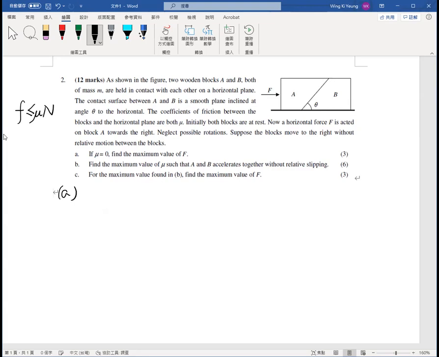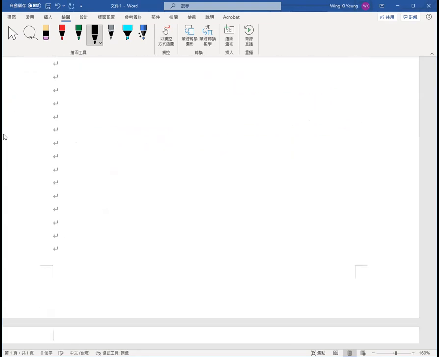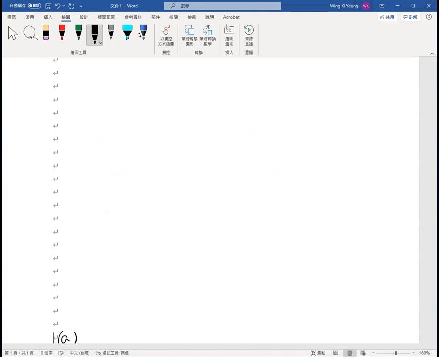So for part A, let me get more space first.